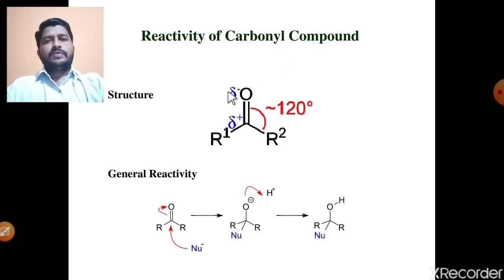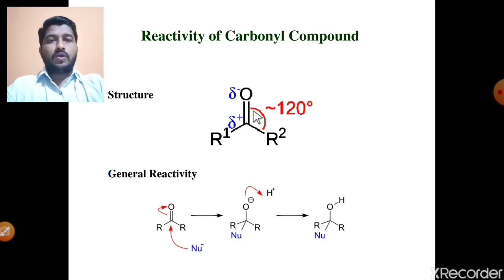Friends, before starting the reactions of carbonyl compounds, it is very important to understand the general structure and reactivity of carbonyl compounds. See, this is the structure of a carbonyl compound, R-C=O-R. This R group may be an alkyl group, cycloalkyl group, aryl group or hydrogen. The basic structure of this carbonyl compound is C=O.